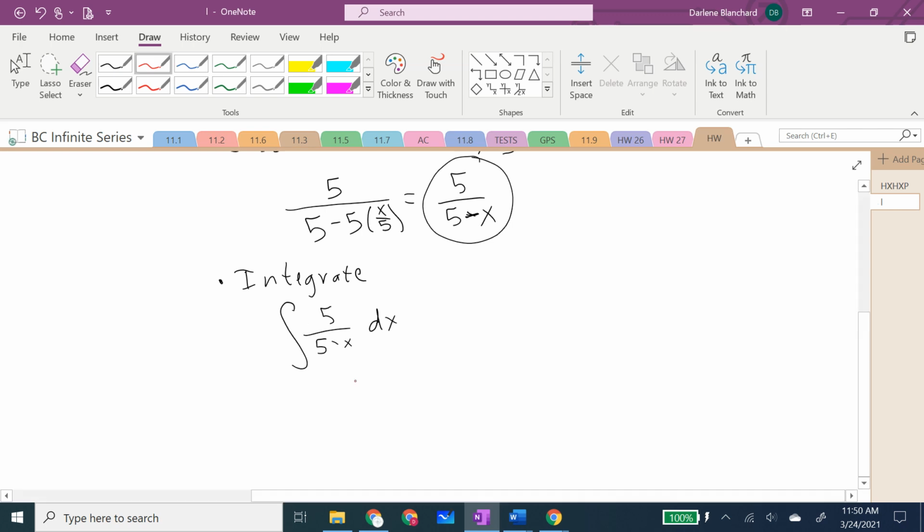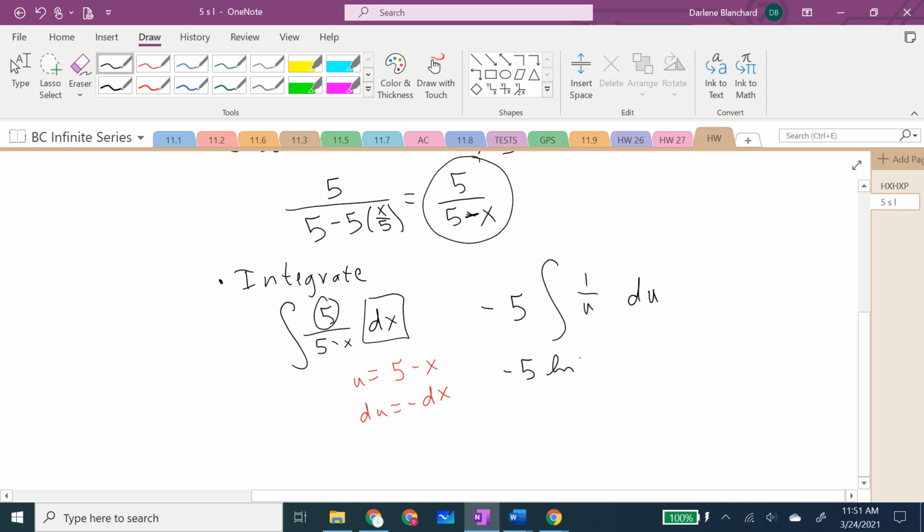Do the u substitution. Make sure you are cautious about what you are getting. So I have this 5 constant multiple, and then I have negative du replacing the dx, 1 over u, and I'm integrating.